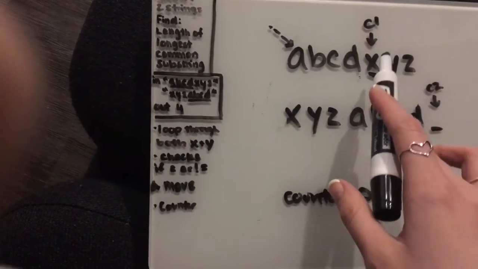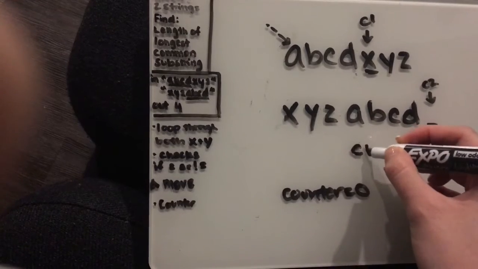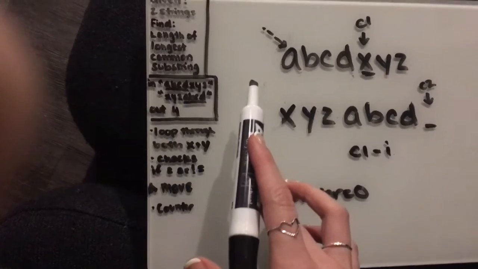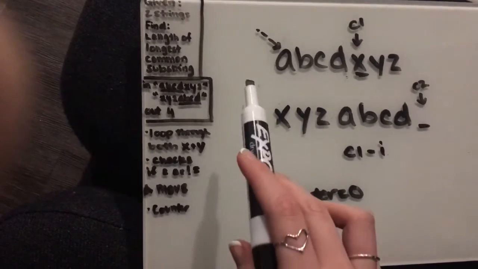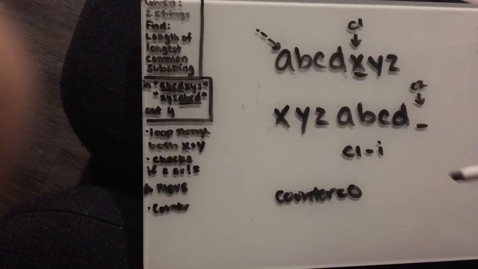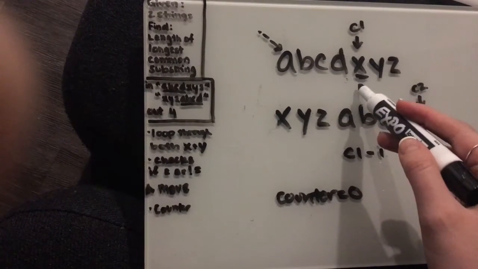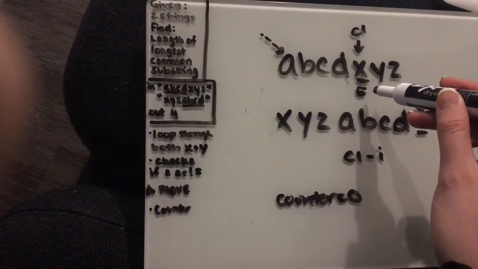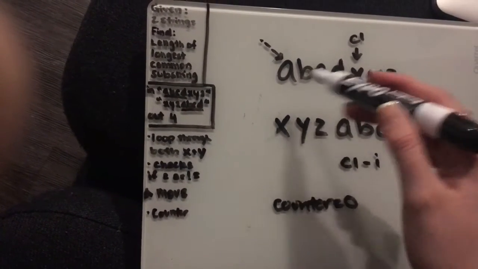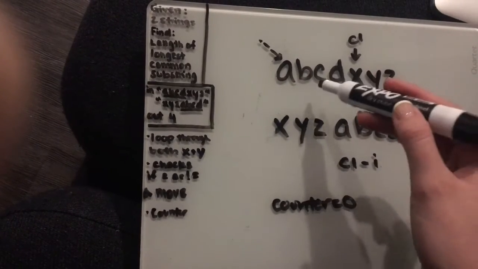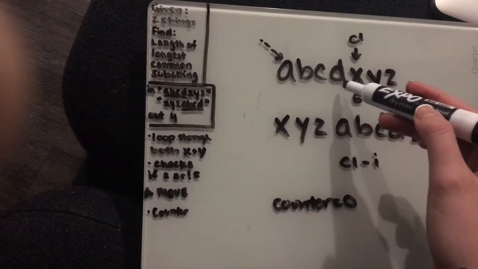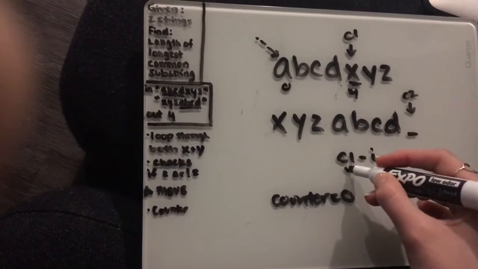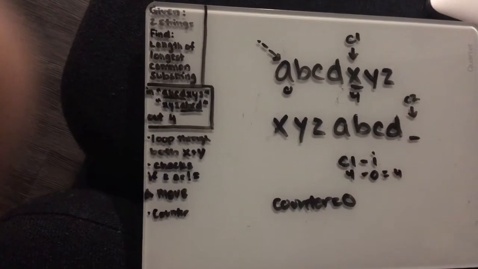Because these would not be the same, we're going to subtract C1 minus I. C1 minus I is going to be, 0, 1, 2, 3, I mean 4. 4 minus 0 equals 4.